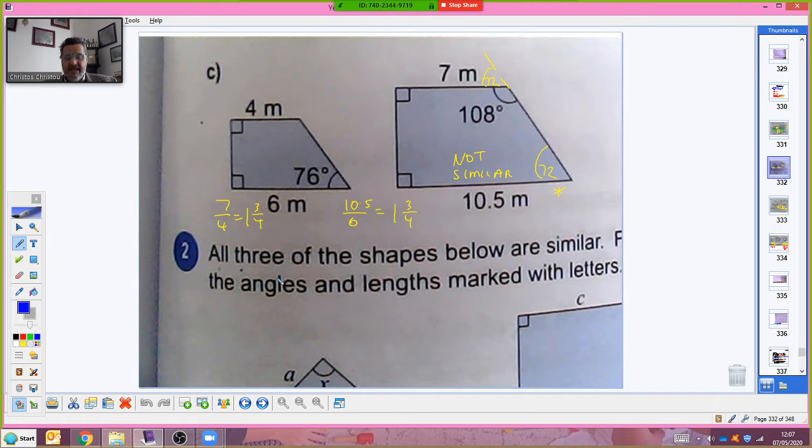Next one, this was quite easy actually, but this was a bit of a con. 7 divided by 4 is 1.75. 10.5 divided by 6 is 1.75, but the angles don't actually match. If you do alternate angles and extend the angle outside, for example, corresponding angles, if that's 108, that must be 72, which means this guy in the corner is also 72.